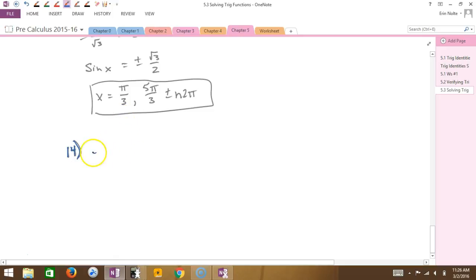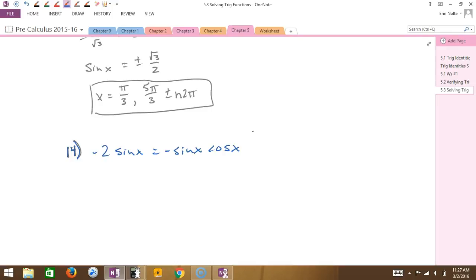So 14 is negative 2 sines of x equals a negative sine of x cosine of x. Okay, so this is kind of similar, at least the first step, to the third example that I did. What's my first step? Good.